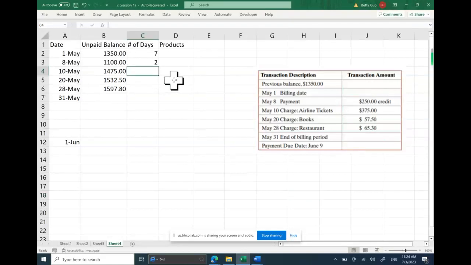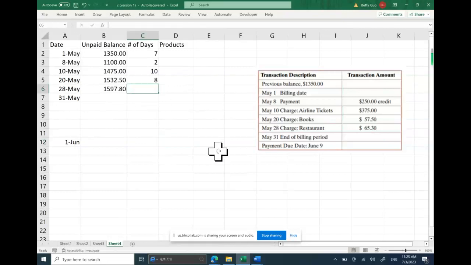Using the trick, the number of days for the balance $1,475 is 10 days, from May 10th through the 19th. On the 20th, it changes again. 28 minus 20 is 8 days. The balance $1,532.50 stays from the 20th all the way to the 27th, that is 8 days.